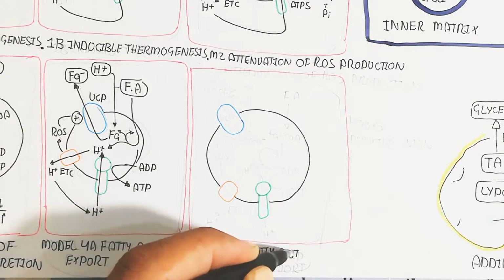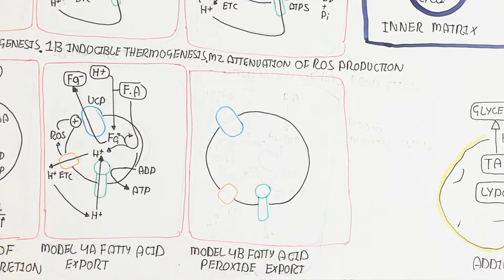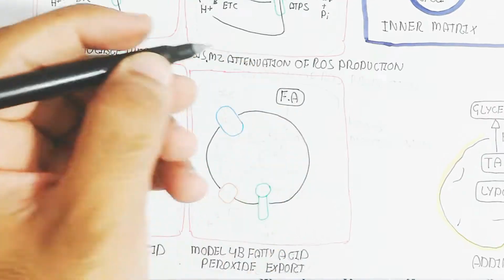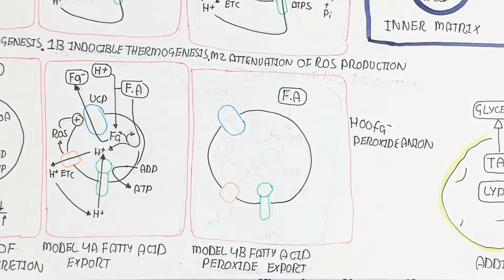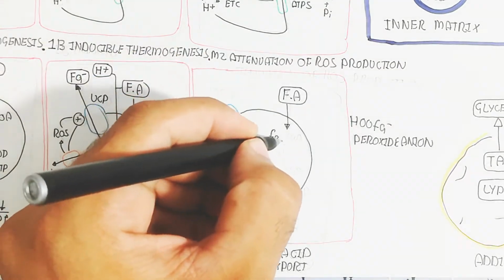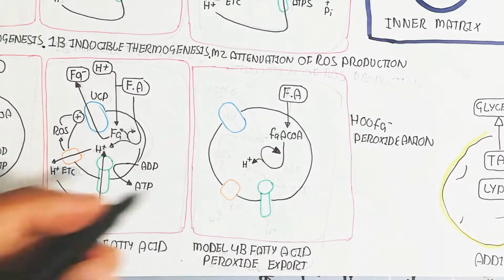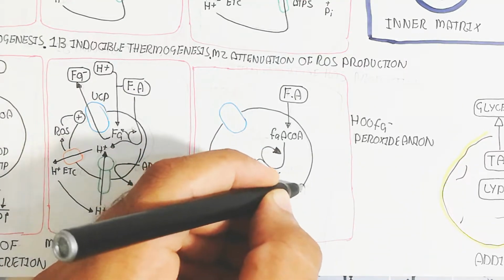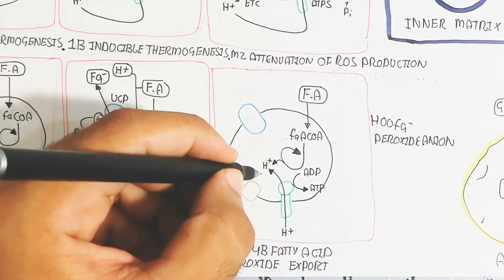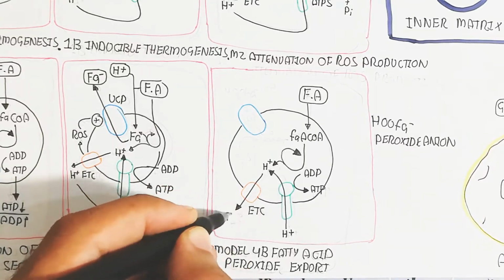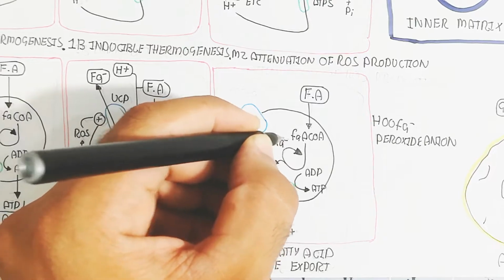While here you can see model 4b, fatty acid peroxide export. In this way, fatty acid peroxidation leads to outflux. The fatty acid goes into the cell, and the fatty acyl CoA is formed. Again, the same mechanism increases the protons in the form of NADH and FADH2, which are pumped out through the electron transport chain, and reactive oxygen species trigger more outflux of the fatty acid peroxide export and lead to more heat through UCP.